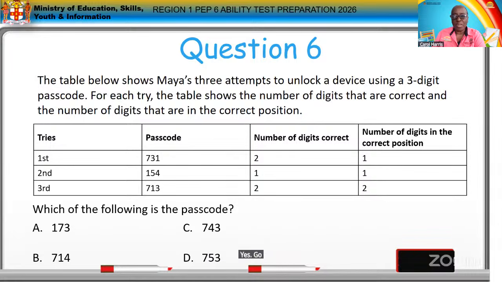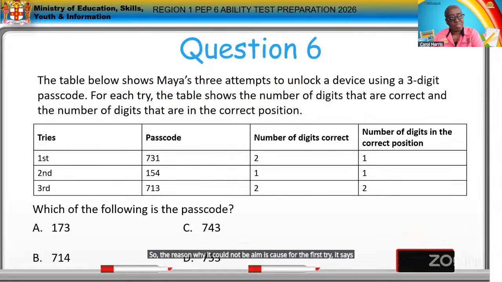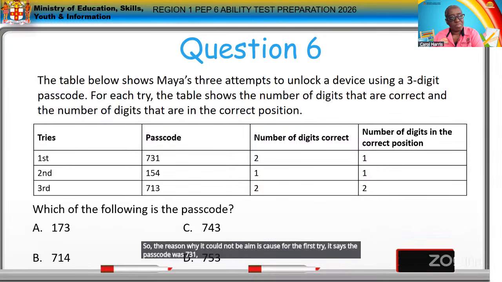Go ahead, Liam. So the reason why it could not be A, miss, is because for the first try, it says the passcode was 731, and the number of digits that were correct is 2, and the number of digits in the correct position is 1.